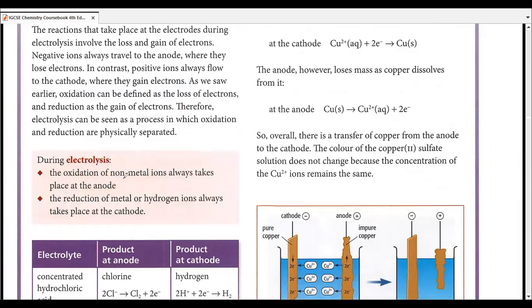The exception over here is hydrogen. That's the exception, because hydrogen tends to go to cathode, not anode. That's why metal or hydrogen ions have been written for cathode. All right. And they're getting reduced. So oxidation reduction is happening as a part of electrolysis.